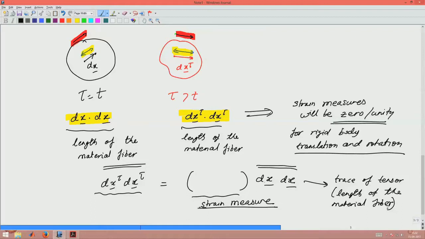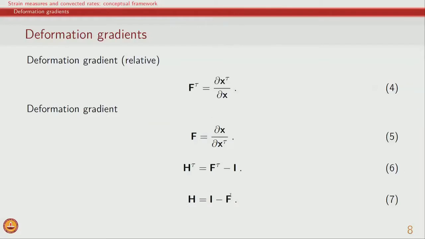And so, these two quantities have to be related using the strain measure tensor, and this is what we will define formally in a later class.